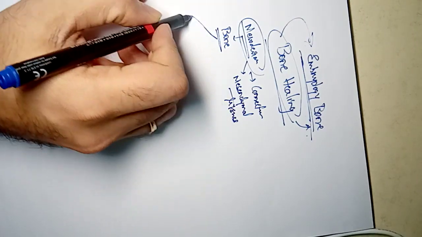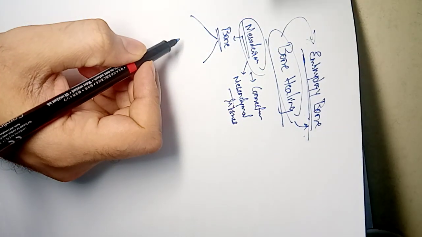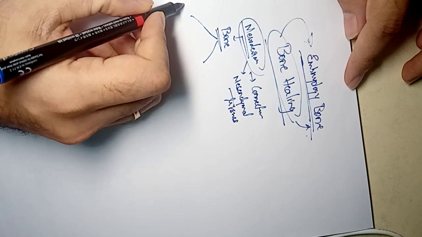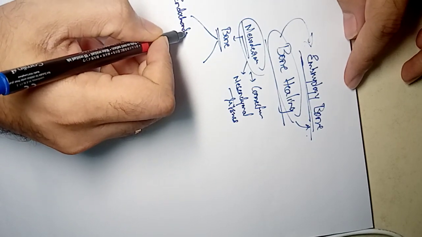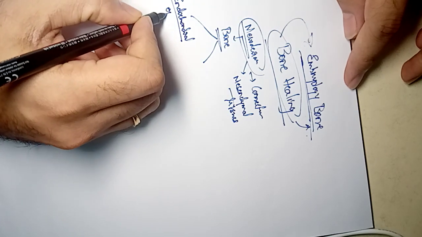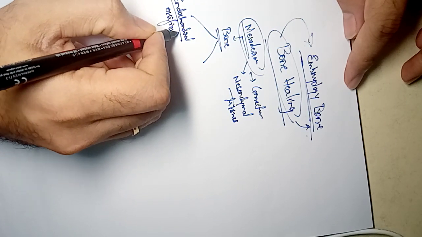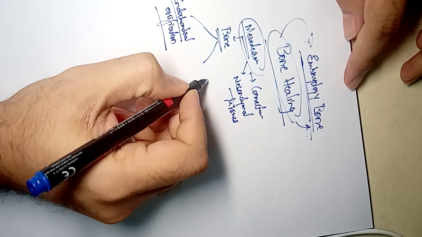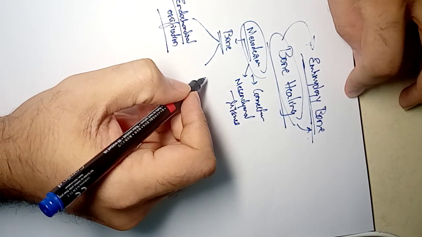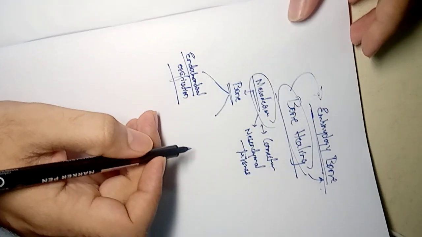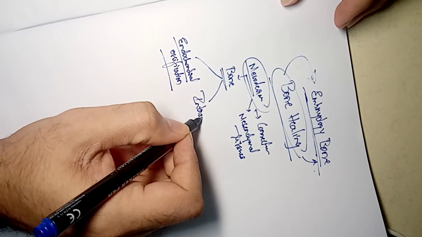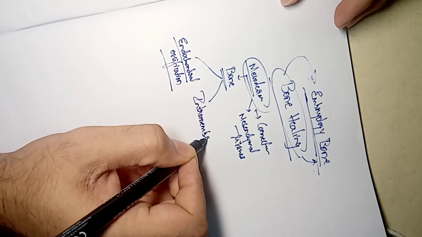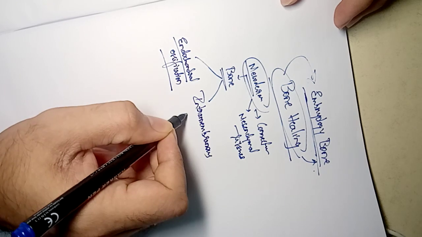So there are two types of bone healing. One is the endochondral ossification, and the other is the intramembranous ossification.